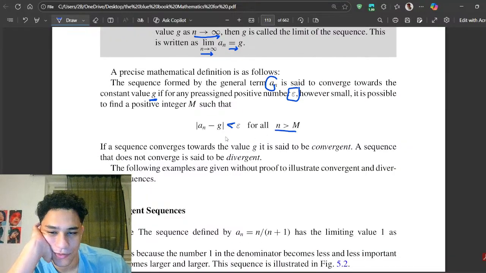A sequence that converges towards the value g is said to be convergent. Okay, now I get it a little bit.